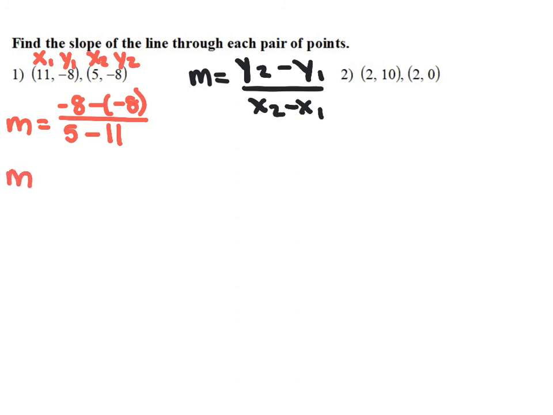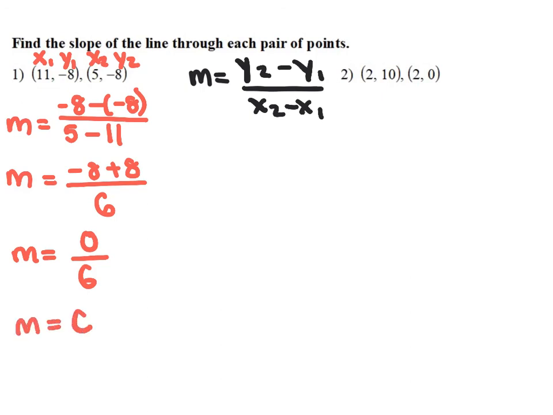Now negative 8 minus negative 8 becomes negative 8 plus 8, and 5 minus 11 gives us negative 6. Negative 8 plus 8 gives us 0. So we have 0 over negative 6. When you plug that into your calculator, you get that your slope is 0.